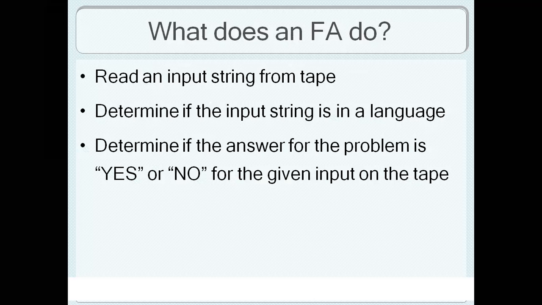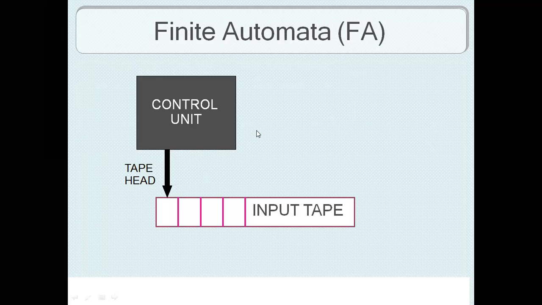Okay, is there any doubt with these components of finite automata? So we are having three components. First one is the input tape, second one is the read only head, and third one is the control unit. So what is the input tape?